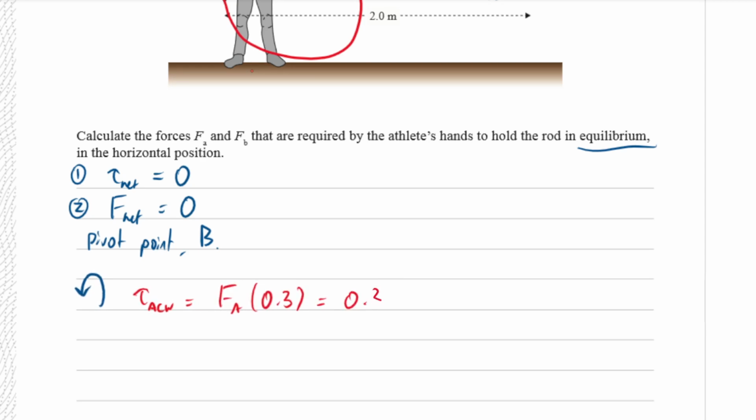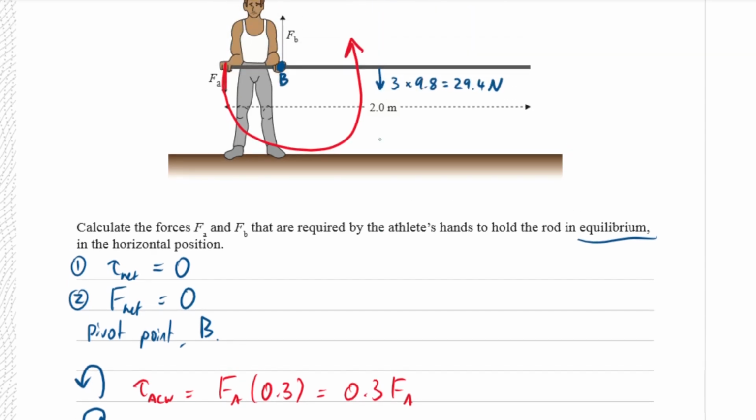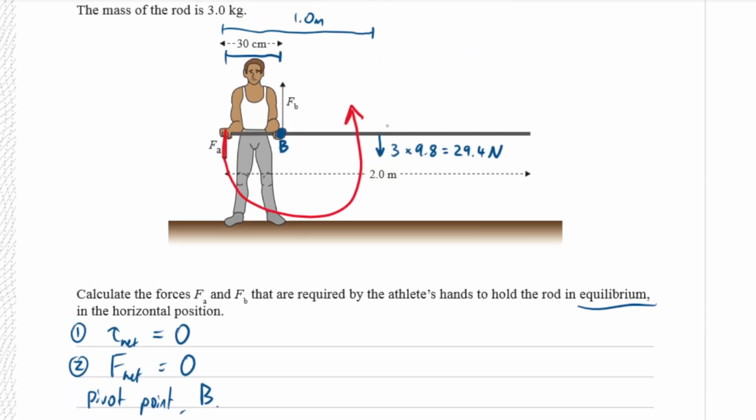In other words, 0.3 FA. Just as nice algebraic notation. Secondly, we will calculate the clockwise torques about point B, and the only force that is wanting to rotate the rod clockwise is the weight force of the rod.